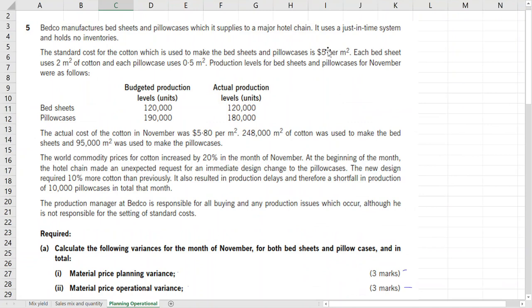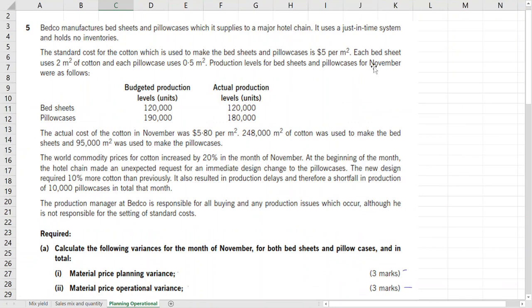The standard cost for the cotton which is used to make the bed sheets and pillowcases is $5 per square meter. Each bed sheet uses 2 square meters of cotton and each pillowcase uses 5.5 square meters. Production levels for November were as follows.